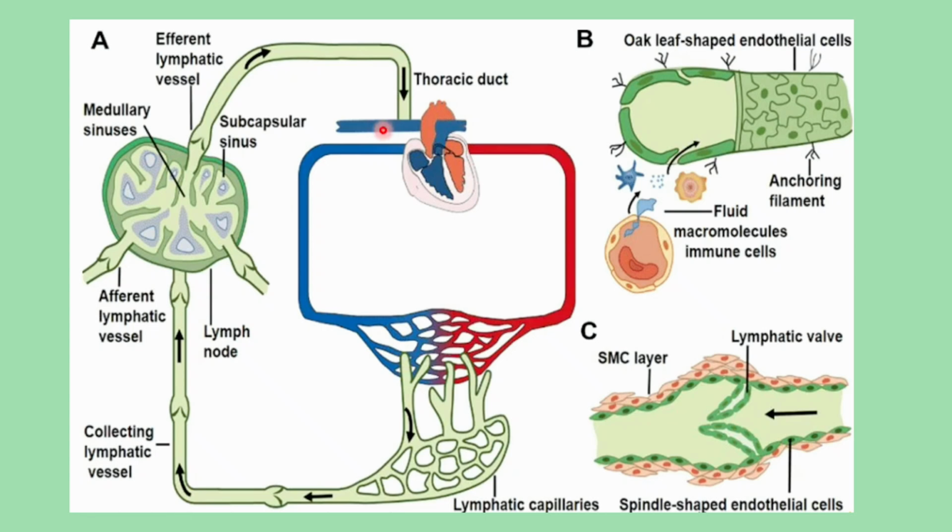And then along the way, we're filtering out pathogens in the nodes, so then the immune system can go attack them. So we're keeping the fluids in balance and also helping the body stay protected by integrating that with the immune system.